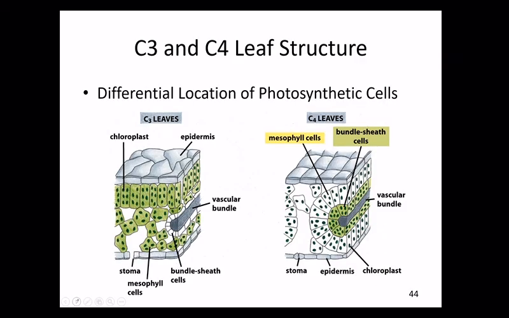Okay. The last thing that we want to talk about real quick with respect to shoot modification is going to be the C3 versus C4 plants. And if you remember C4 plants, there is a spatial separation between the process of carbon fixation as it relates in the C4 plants to PEP-C or phosphoenolpyruvate carboxylase, which is going to be present in the mesophyll cells on the outside, and the cells that are in the center, which are the bundle sheath cells, which is where the Calvin cycle is occurring.